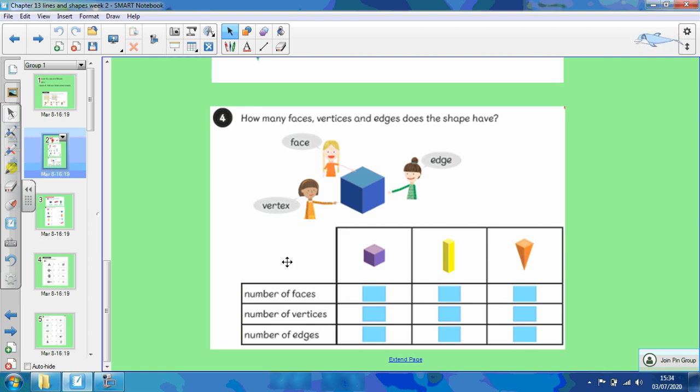So before we go on, we probably know what faces on a 3D shape are, as well as edges, which are similar to those on a 2D shape, so they're like the sides on a 2D shape. However, vertices may be new to you. So, the simplest explanation is that they are corners of a 3D shape.